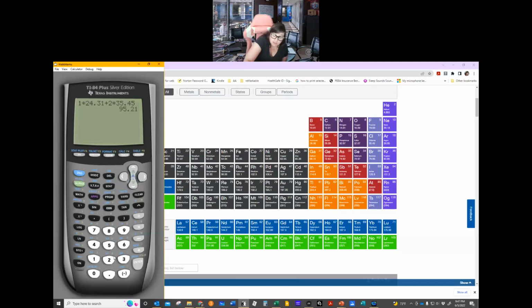And I'm just going to leave it as the number that it spits out so that I don't have to worry about the rounding part because I know I'm going to do more with it. And that's in grams. If I want percent Mg, that's going to be 1 mole of Mg times 24.31 grams per mole divided by 95.21 grams times 100.